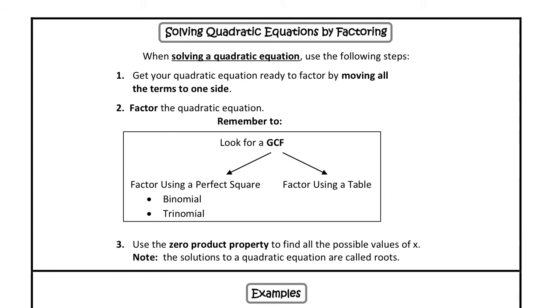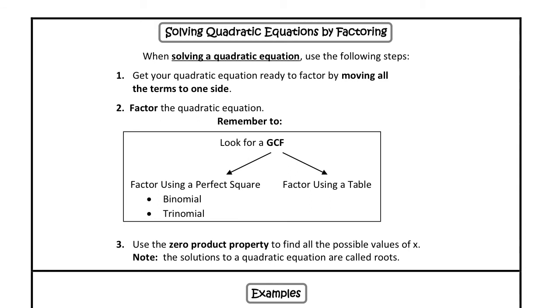kind of gives you some steps to think about when factoring. So when solving a quadratic equation, use the following steps. Get your quadratic equation ready to factor by moving all the terms to one side. So that's what we practiced in examples 1 and 2.